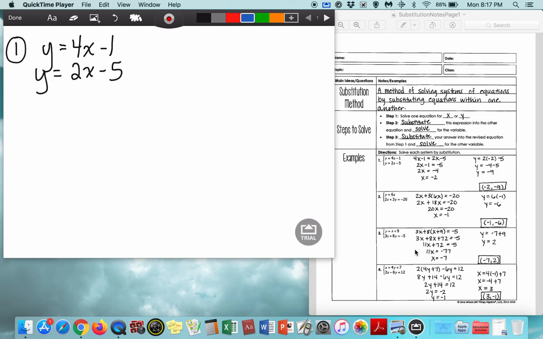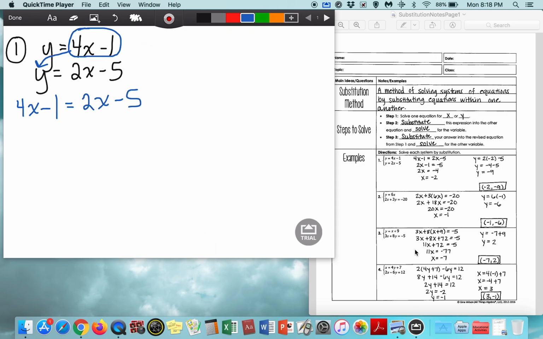It doesn't matter which one, so I'm just going to do the top one. I'm going to substitute it for the y in the other equation. You always have to substitute into the other equation. So now I have 4x minus 1 equals 2x minus 5.